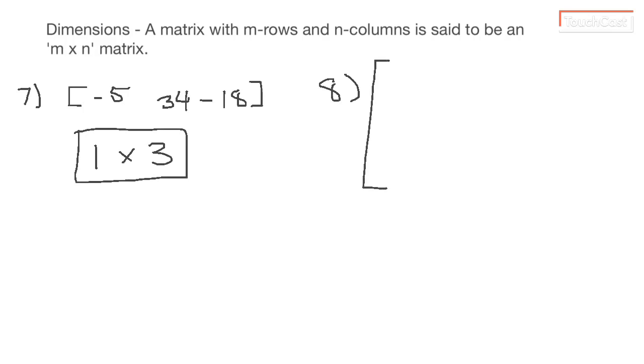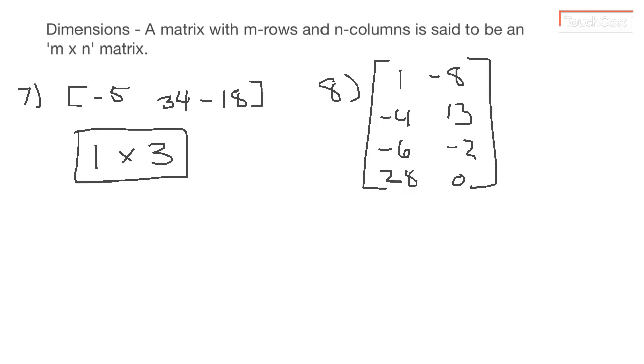We've got the matrix that looks like the following. I see 4 rows and 2 columns. So that means this matrix is a 4 by 2 matrix.